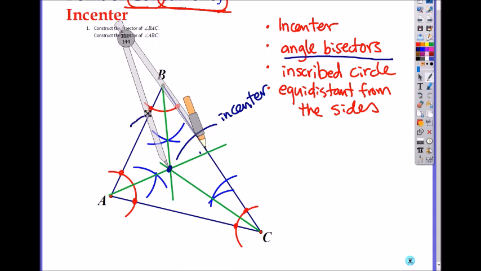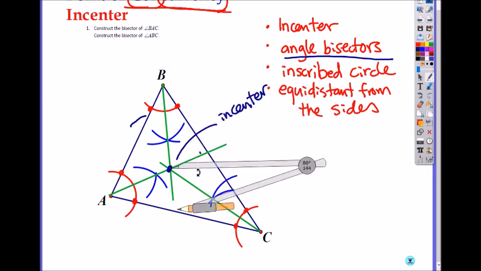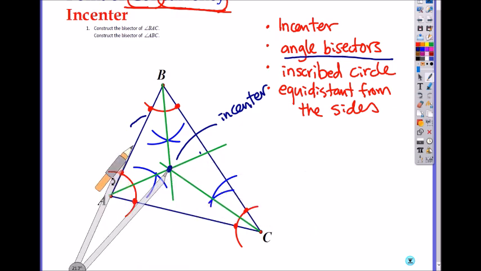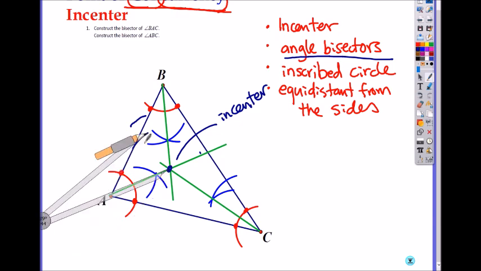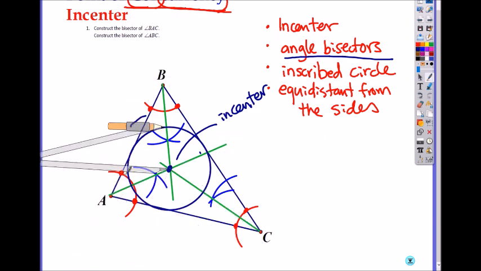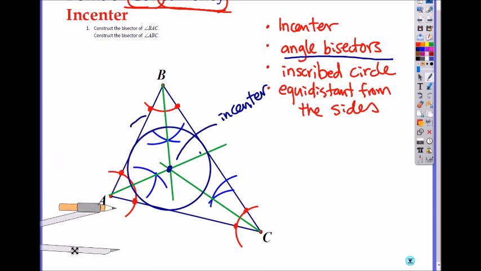So before you start drawing it, go ahead and check the other side too. You see, it should touch the side. You see how it touches? It might not be perfect, but it should look like this. You see, from the incenter, when you draw a circle inside, make sure they're all touching.